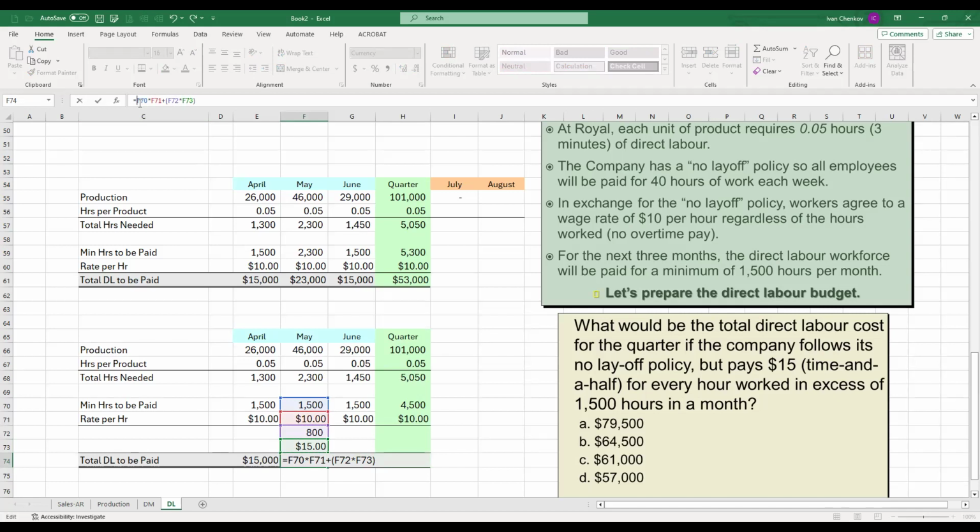Here bracket and here bracket and another bracket here. 27,000 here. So our total cost will be equal to that much. Make sense?